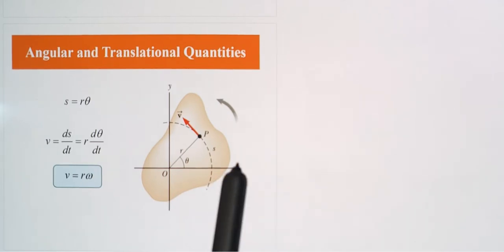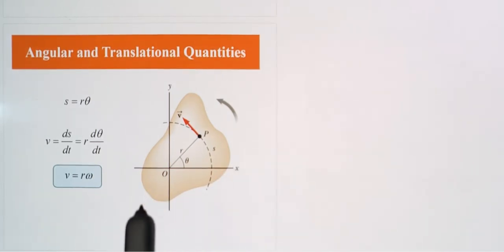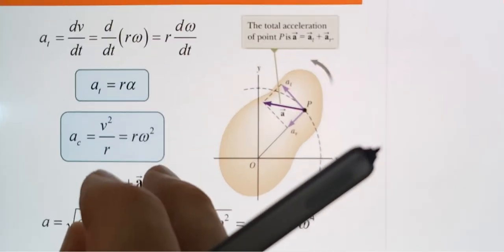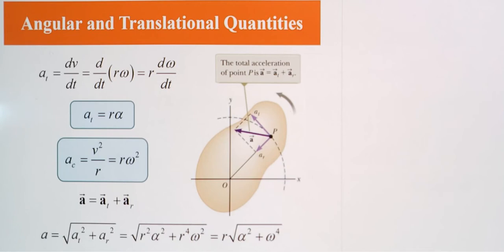Or we can study any point on that rigid object when the rigid object is moving around a fixed axis. Here the book is in love with these kinds of equations.